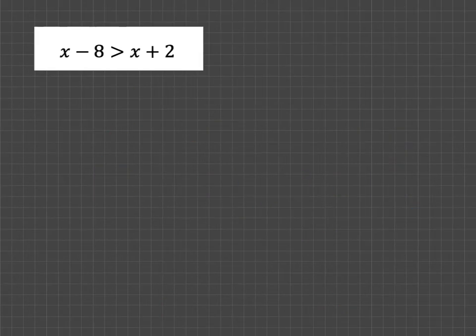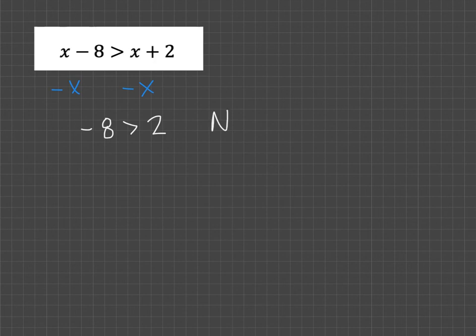Okay, let's give this one a try. So let's get the x's on the same side, subtract x from both sides. All right, can you see what's happening here? We're going to have x minus x, which is 0 x's, and we get negative 8 is greater than 2. Well, is negative 8 greater than 2?